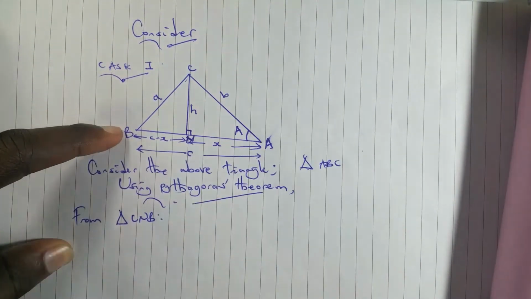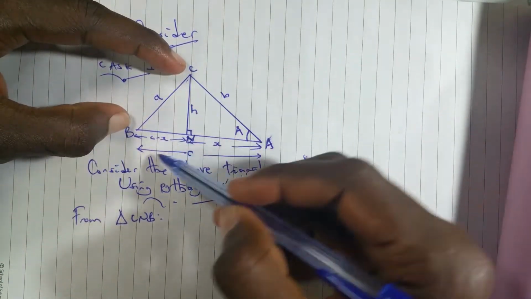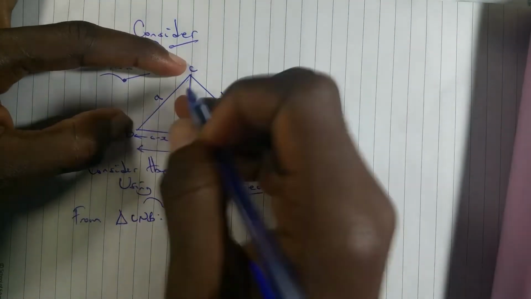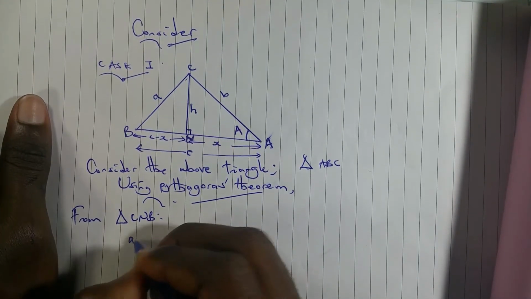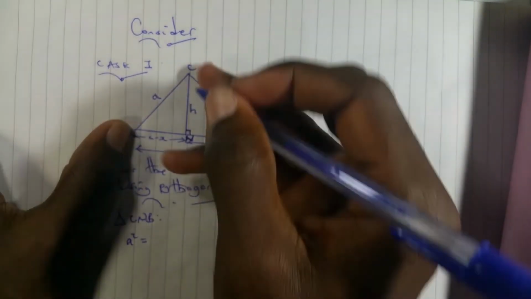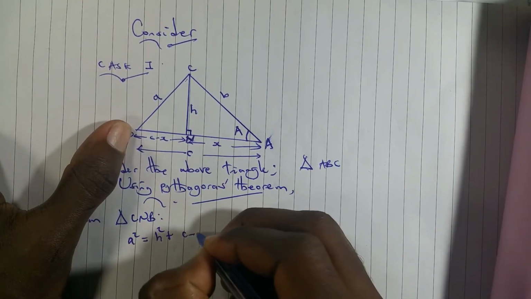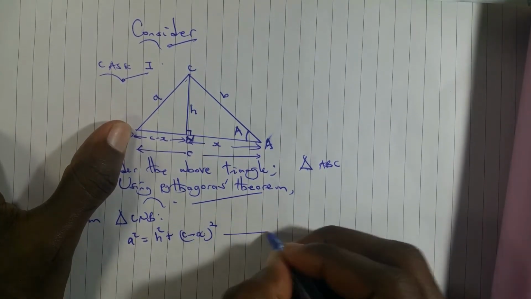Let's consider that. From Pythagoras theorem, the hypotenuse squared is given by the side squared plus the base squared, the height squared plus the base squared. Now we have our a squared given by h squared plus c minus x squared. Let's call that equation 1.